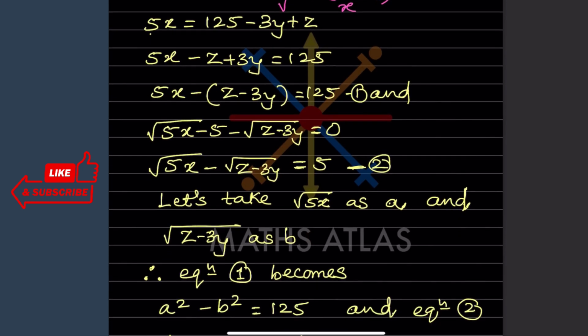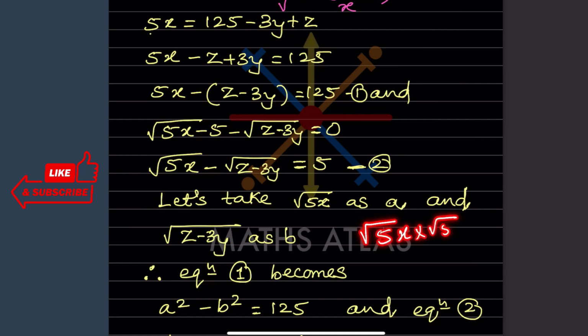So now what will happen here if we take this thing? So equation 1, what will happen to this one? So this is 5x. If we multiply root of 5x into root of 5x, so what do we get here? A into a.